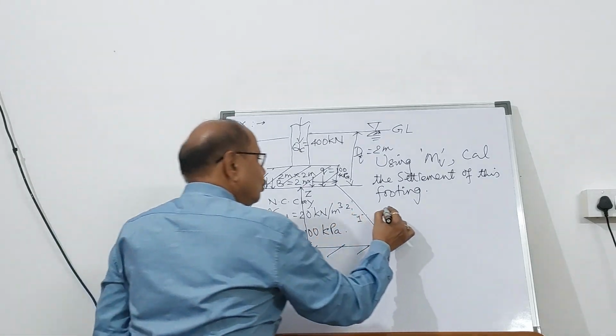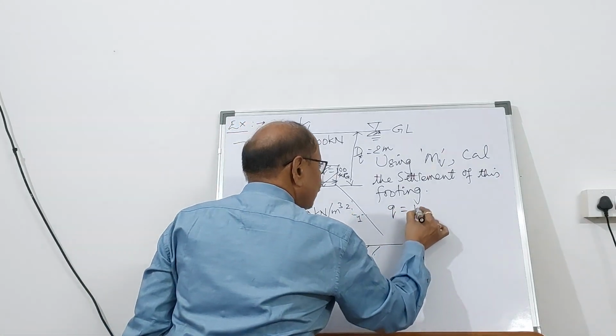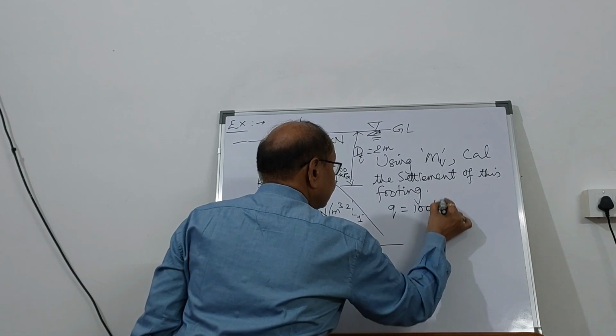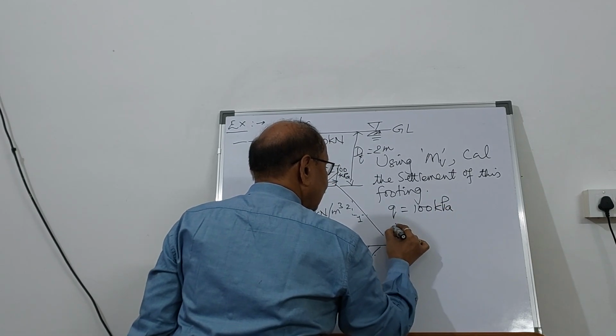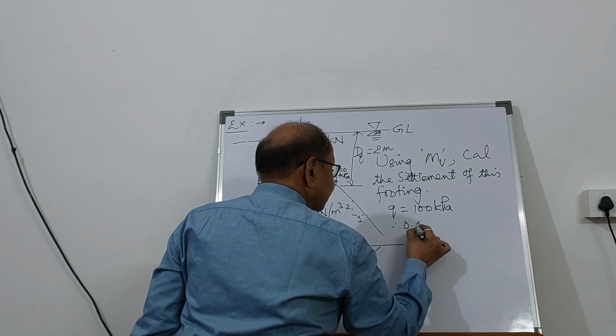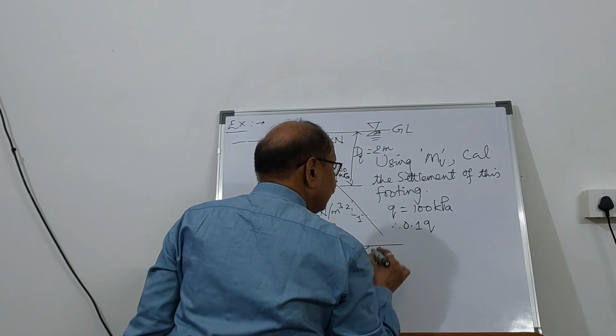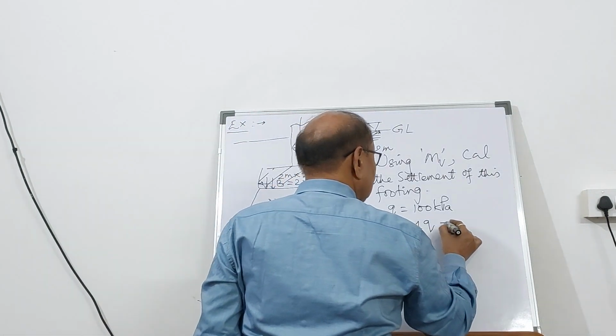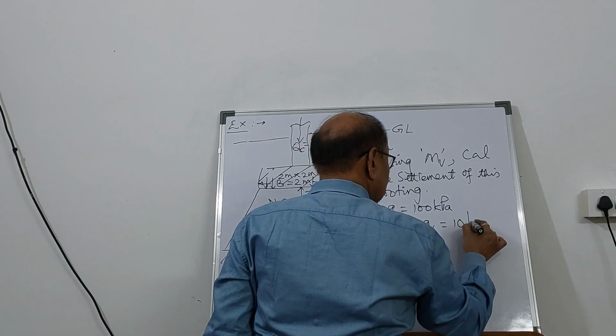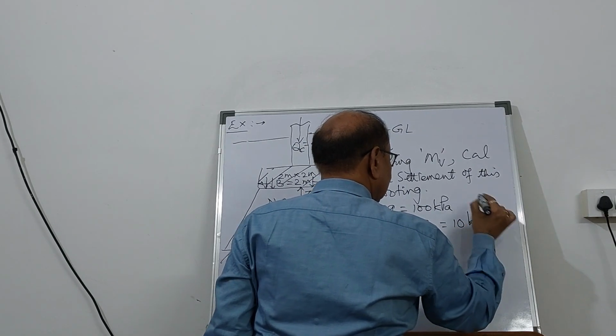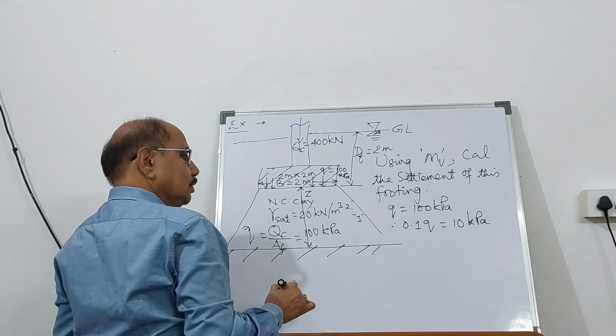So q is 100 kilopascal. Therefore, 10% means 0.1 times q will be 10 kilopascal.